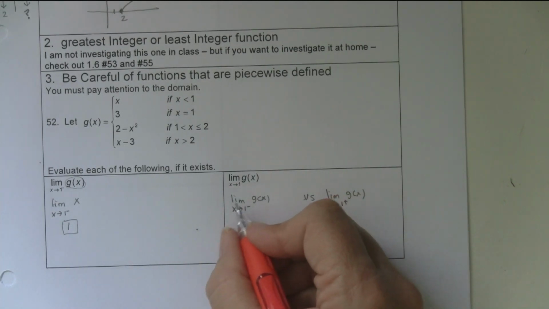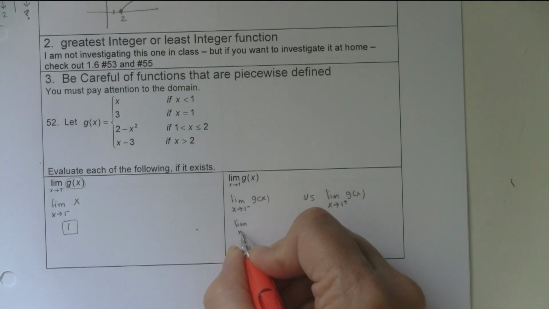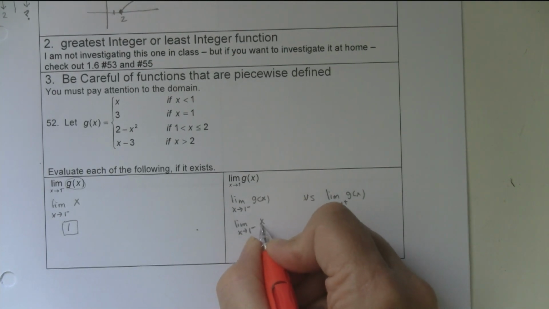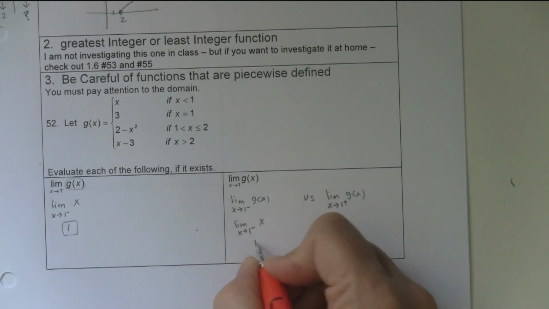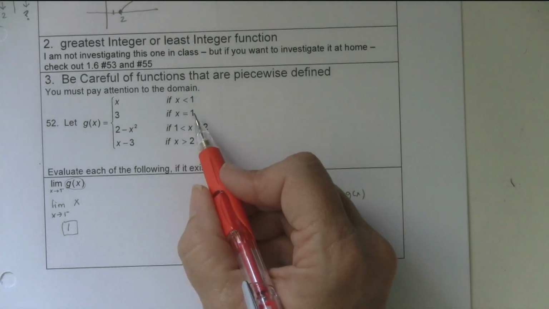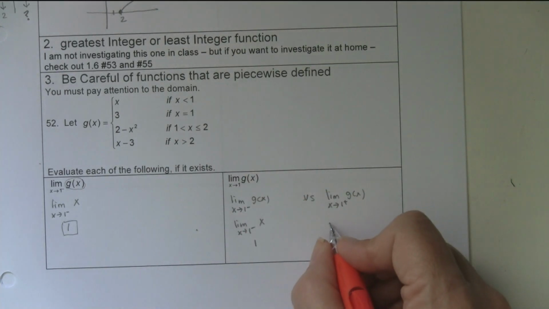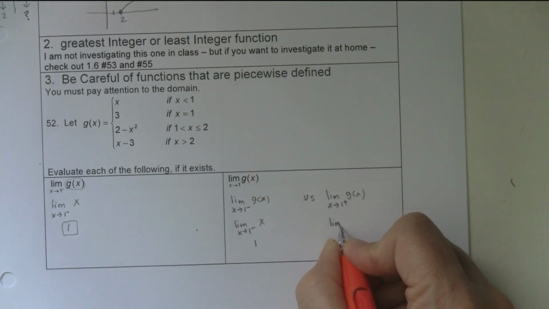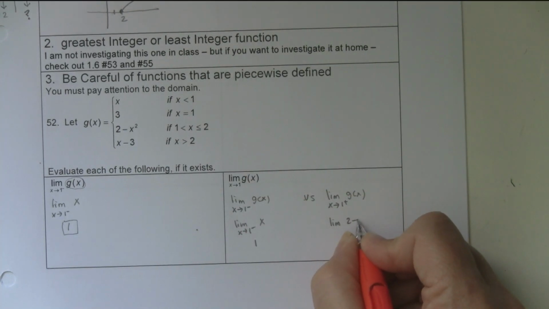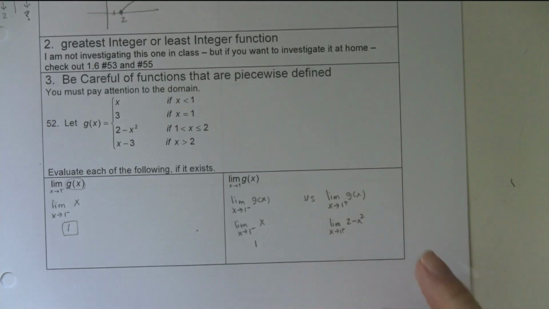So for the same reason that we did over here, this is saying the limit as x goes to 1 of x, which using direct substitution is 1. But from a little bit bigger than 1, this is the one I would use. So this is the limit of 2 minus x squared as x goes to 1 from a little bit bigger than 1.